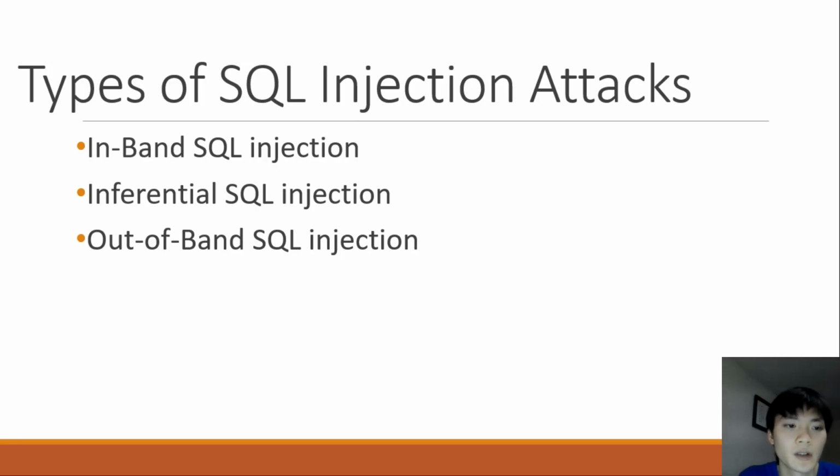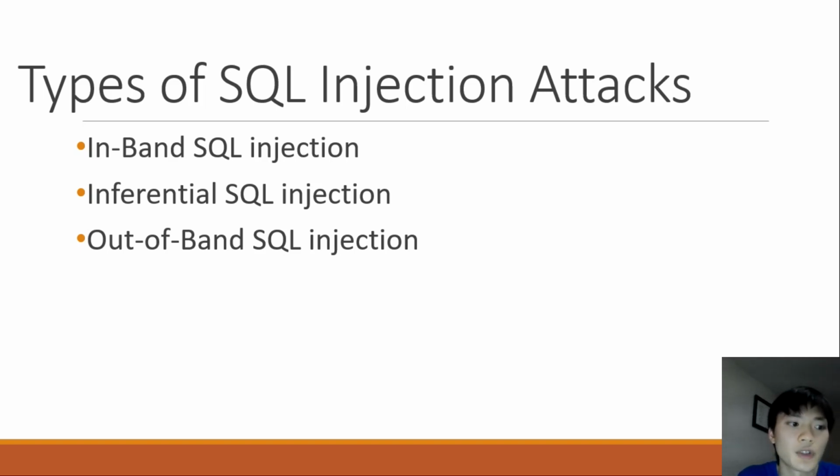The second one is inferential SQL injection, also known as blind SQL injection, where attackers deduce information from the system indirectly. The third type is out-of-band, which relies on different communication channels for injection and data retrieval.